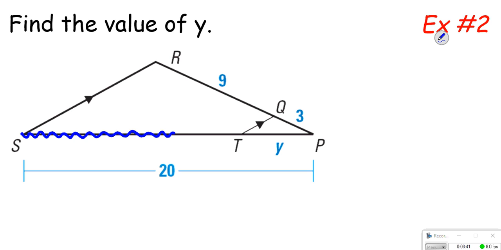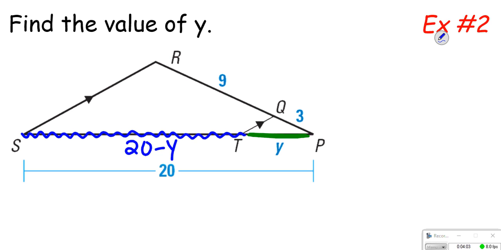We actually need to know the length of ST. So if the whole length of PS is 20 and PT is Y, then we want to take out this portion, right? We want to take out Y. So that means that ST is going to be 20 minus Y.